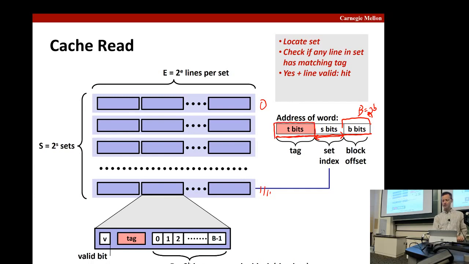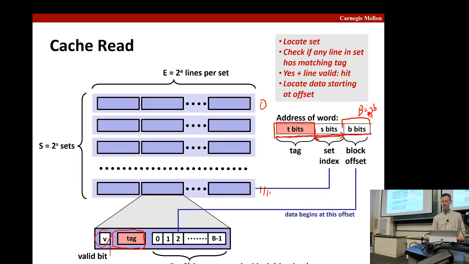If the address is W bits wide, then t plus s plus b equals W. You use this tag to compare against the tags of things stored in this set. If there's a match and the line is also valid, then you have a hit. Otherwise, it's a miss.